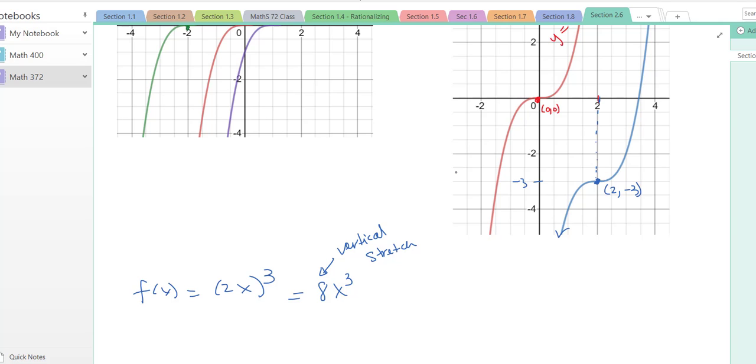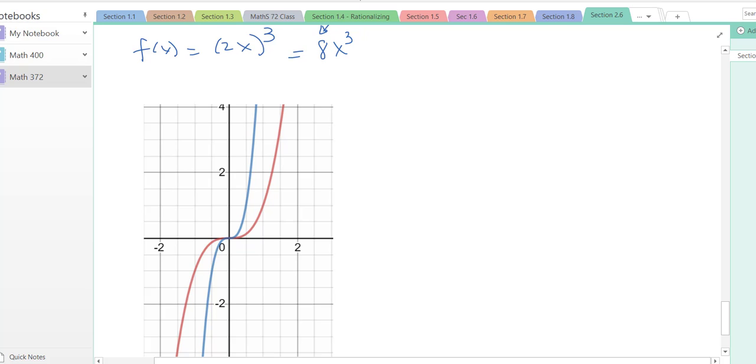Let's look at what the graph does. So this is what the graph looks like. We have our parent graph, y equals x cubed, and then we have y equals (2x) cubed, which is the same thing as 8x cubed.